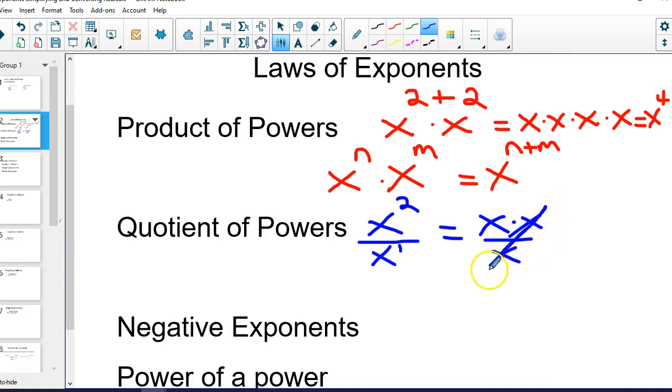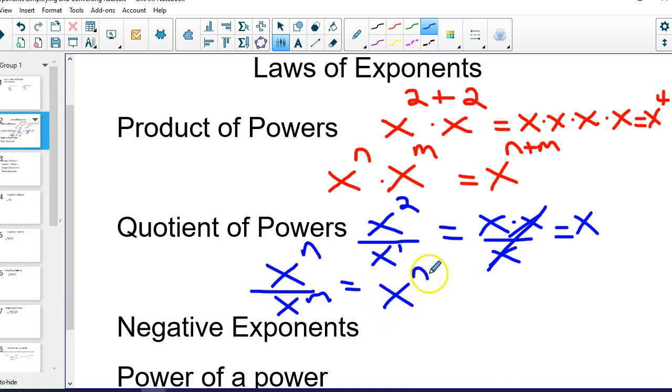One of my x's would cancel, so we'd be left with x. The way that we can write this in general notation, say we had x to some power n divided by x to another power m, all we have to do is subtract the powers. This would be equal to x to the n minus m.